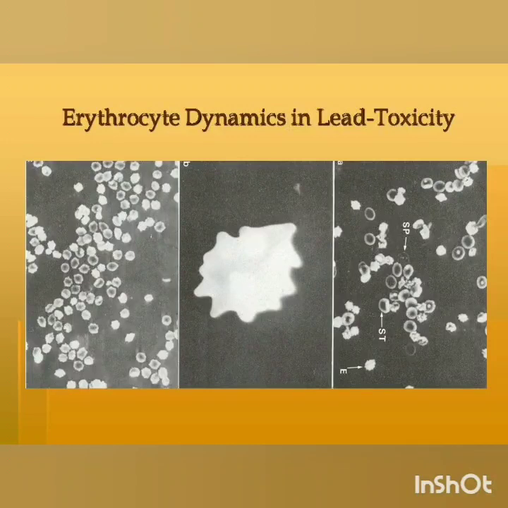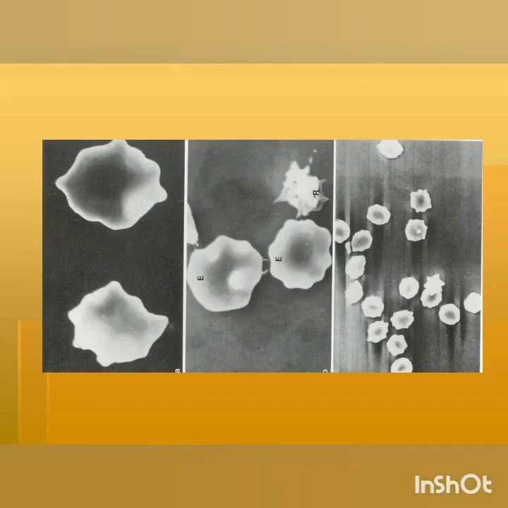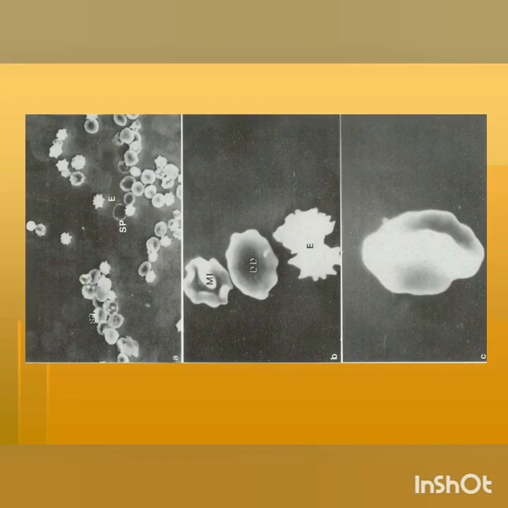This is also a kind of echinocyte, but in the early stages of development. In the second picture also we can see echinocytes, and in the third picture a number of echinocytes have developed in rabbits with lead toxicity. These are different types of abnormal erythrocytes in rats exposed to lead.